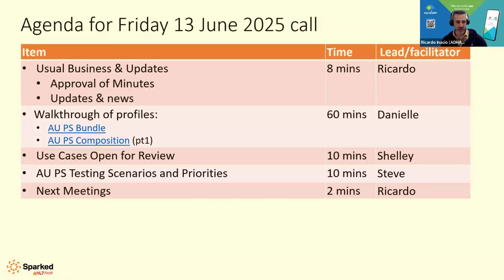And then we'll have a quick discussion about some of the use cases we have out for review. And then we'll go through testing scenarios and priorities with Steve and cover off the next meetings and the next steps from here.